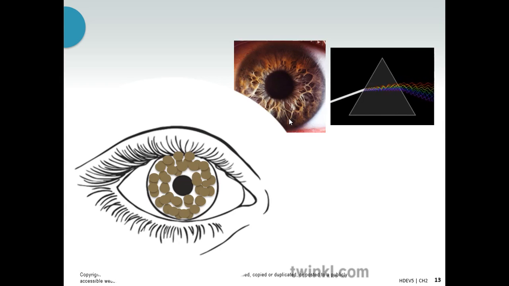Now, if you have certain mutations in your eyes, then maybe your dominant alleles don't make a whole lot. They make more than the recessive alleles, but they don't make too much. And so maybe you end up having more hazel eyes, where depending on how the light hits your eye, more might bounce out. And so you might get a little bit more of that scattering and you'll get sort of a hazel color.